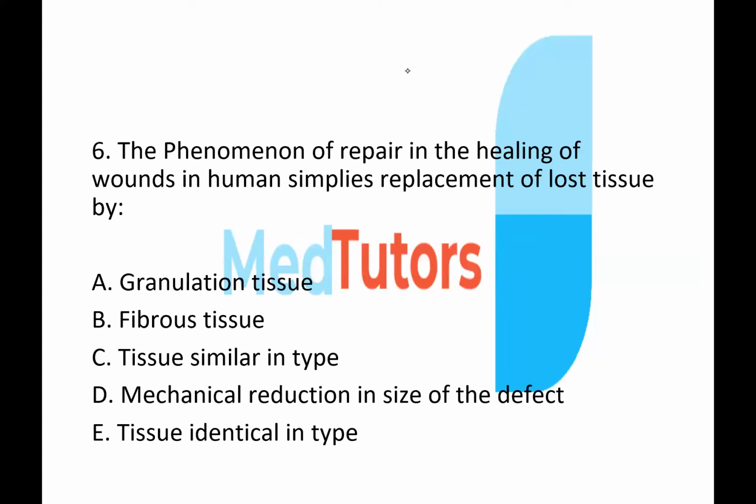6, the phenomena of repair in the healing of wounds in humans is simply the replacement of lost tissue by A, granulation tissue, B, fibrous tissue, C, tissue similar in type, D, mechanical reduction in size of defects, E, tissue identical in type.